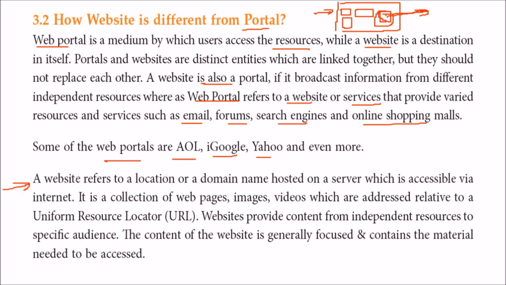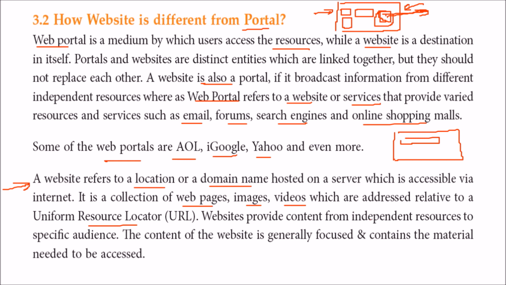And as we said, a website is just a location where your web pages are stored. So it is a location or a domain name which is hosted on some server and which is accessed via the internet. So a website is a collection of web pages, images, videos, and you put a URL, uniform resource locator, on your browser. On your browser, you just write this link. This URL finds that folder in that web server system, and then you can access it.